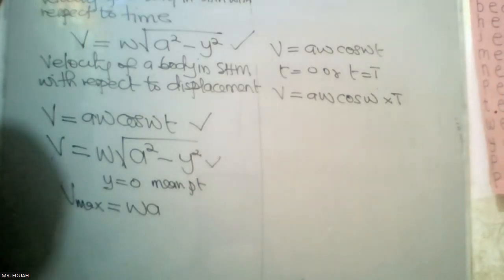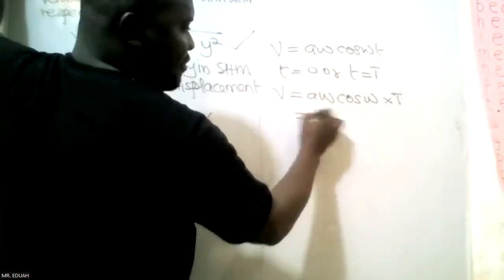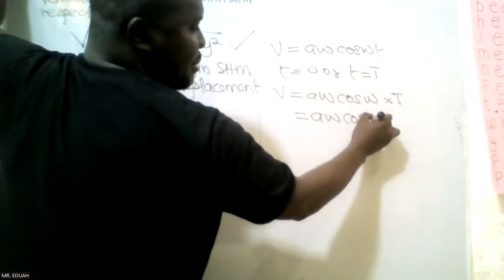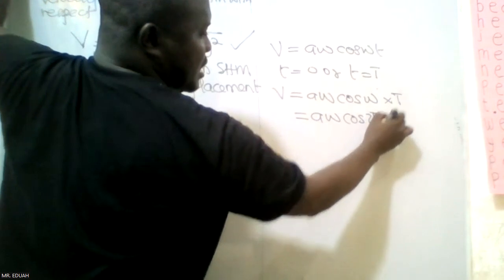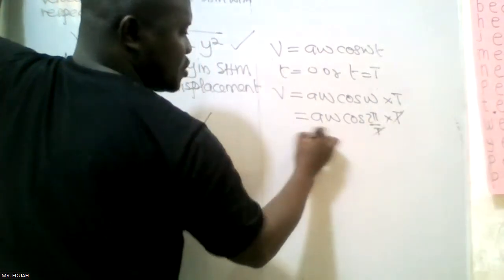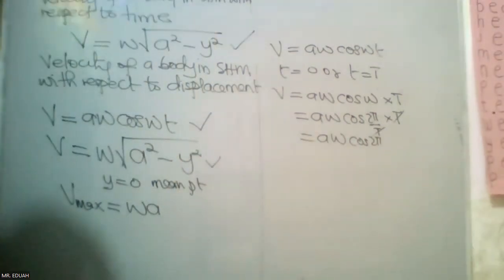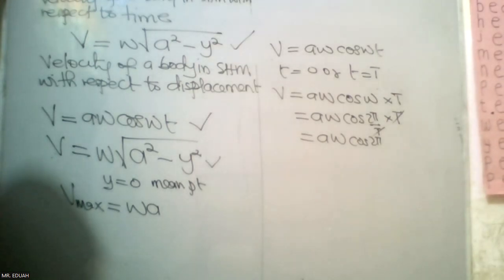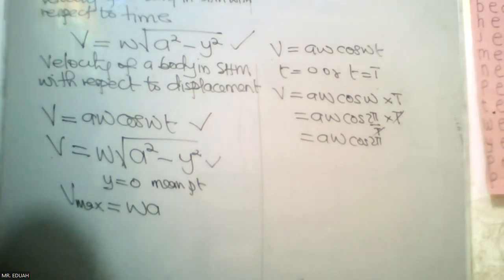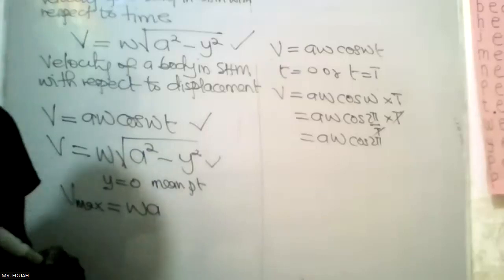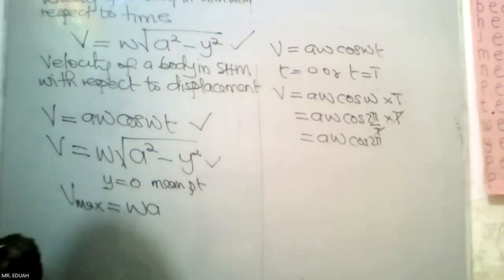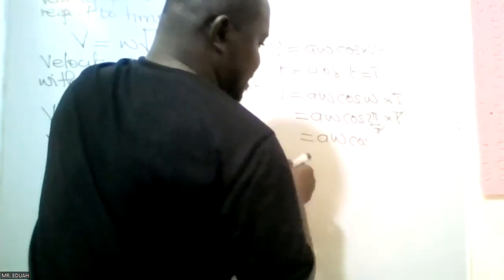We are looking at a complete oscillation. If capital T is the period, we have omega equal to 2 pi over T, times T, so we have A omega cos 2 pi. 2 pi in degrees is equal to 360, so 2 pi is equal to 360.